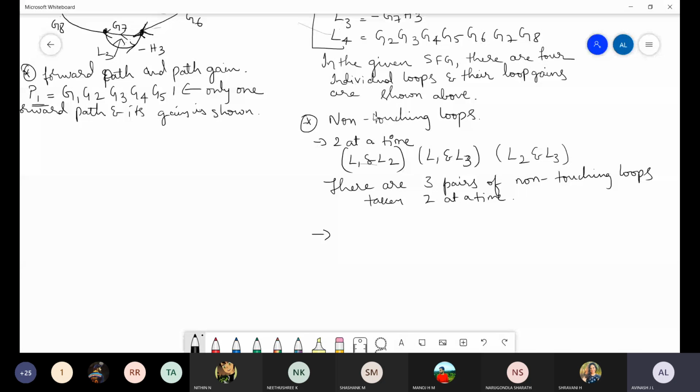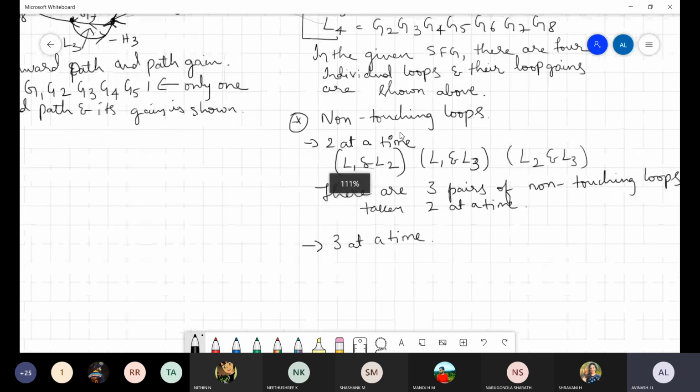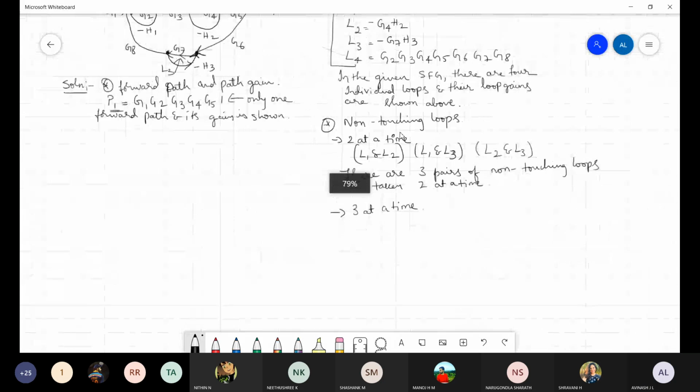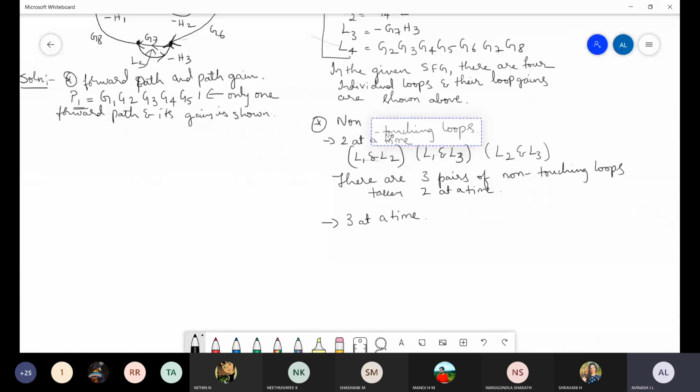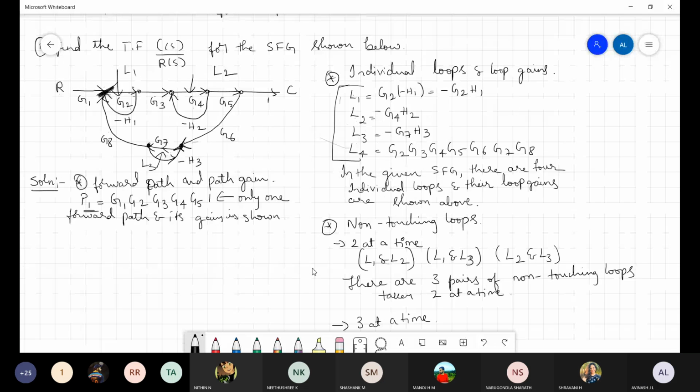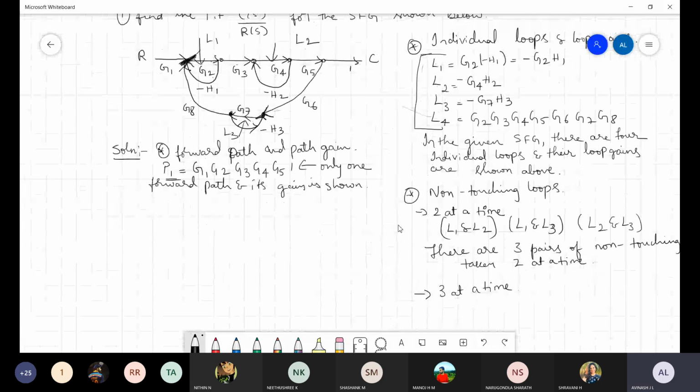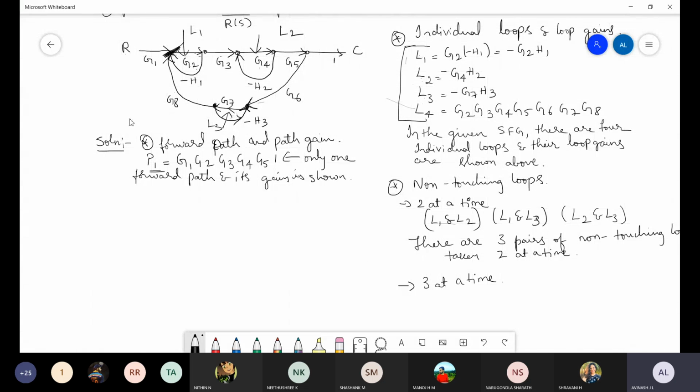So now the next concept is, three at a time we need to take. So non-touching loops taken three at a time. Is there any combination which you can see, taken three at a time, in the signal flow graph? L1, L2, L3, very good.